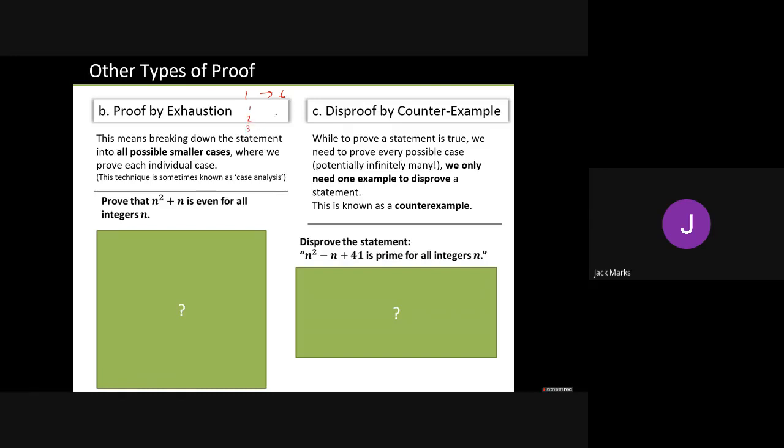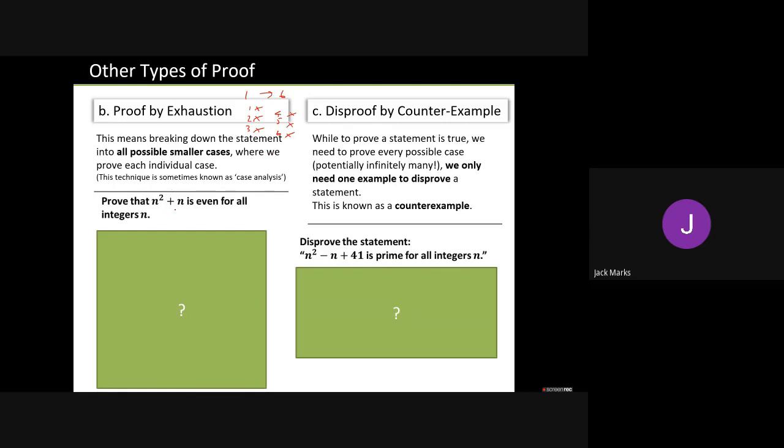So what you might need to do is something with all of these numbers, and it might say prove that for all of the values on a die, and you would just work them out one by one and show that it doesn't work. So that's one way that proof by exhaustion can come up, or it might be like show for the numbers between 1 and 10.